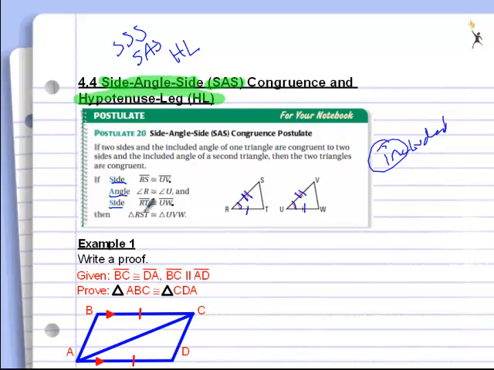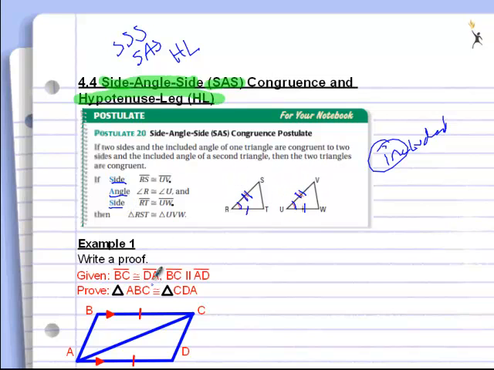And before you can say that triangle RST is congruent with triangle UVW, you have to prove that they're congruent. And so far, you've only known side, side, side congruency. But what if we don't have this third side? But they do give you the angle. Well, now you can use side, angle, side congruency to say RST is congruent with UVW.